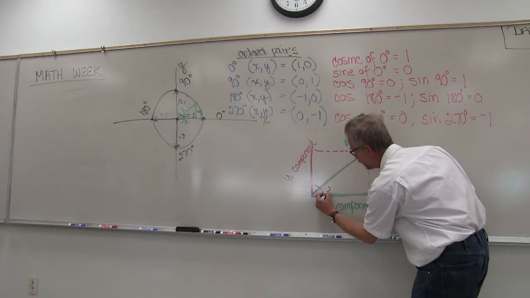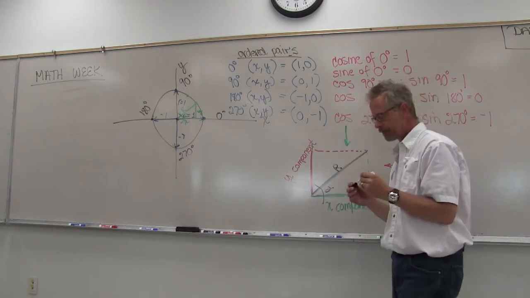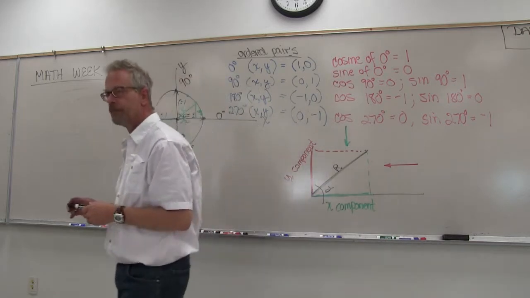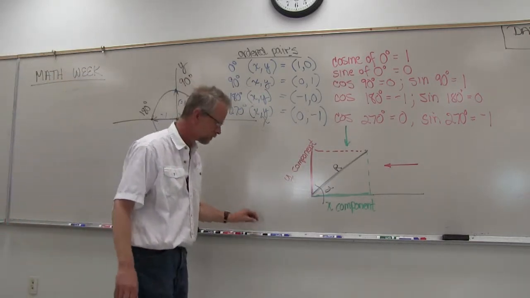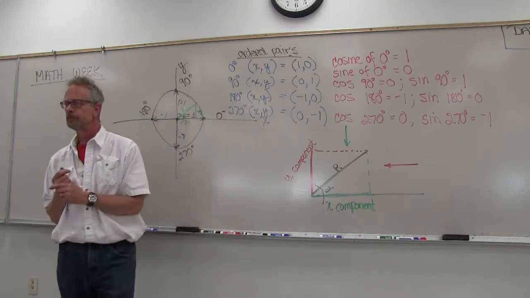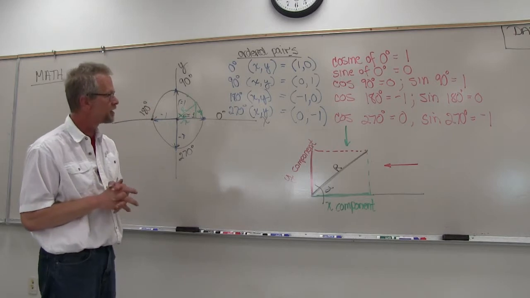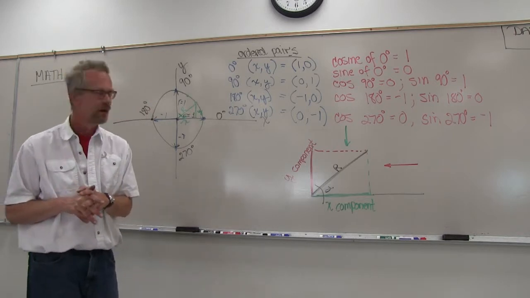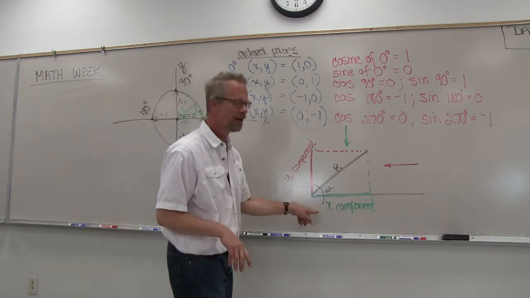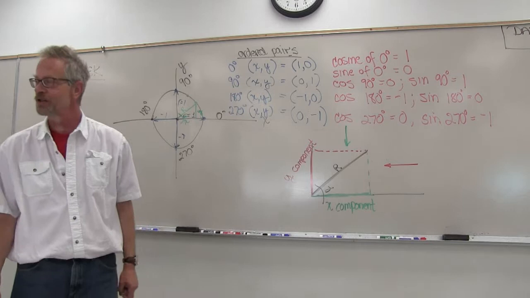Here's our angle, and here's our radius. Guess what our job is going to be? Find out what X and Y is. If I know what the radius and the angle are, I need to know what X and Y are. If I know what X and Y are, I need to be able to find the angle and the radius.